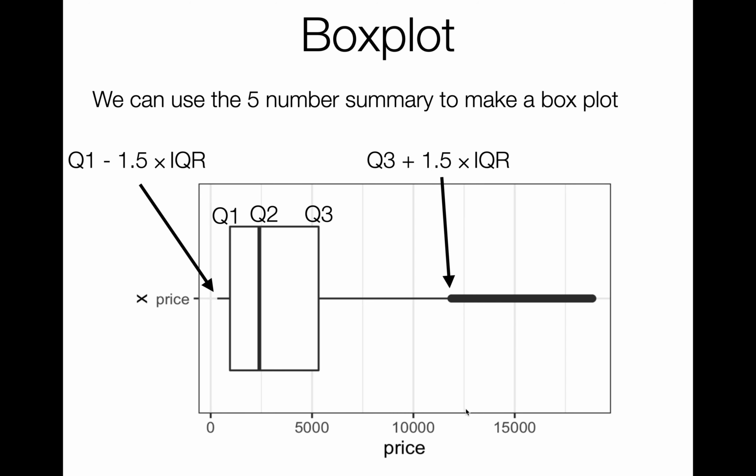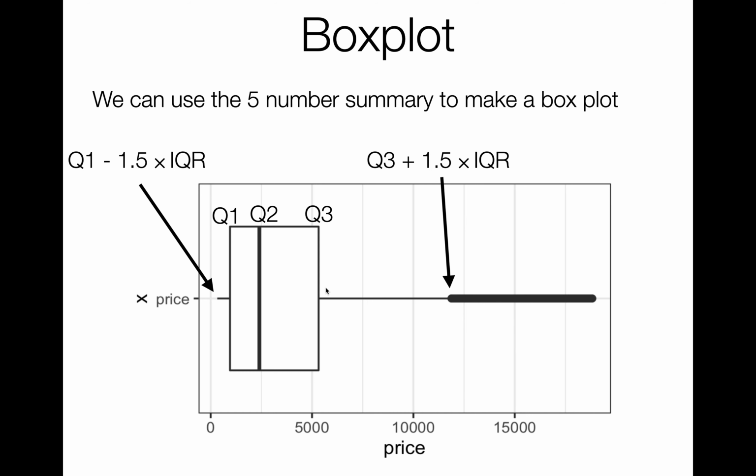This is a box plot of one variable, and the most important part is really the box in the middle. The left side of the box is Q1. Then there's a line in the middle that represents Q2, which is the median, and the top of the box, or the right-hand side of the box, is Q3.